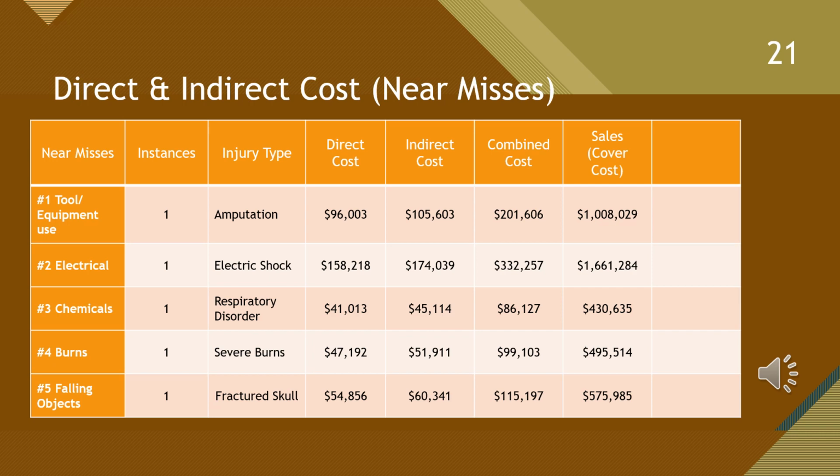And the indirect costs are like the scheduling to replace that worker while they are recovering. When looking at this, I don't believe that these are necessary incidents for the line of work.